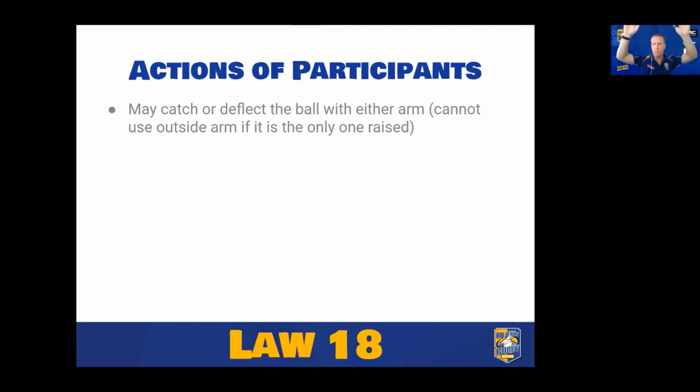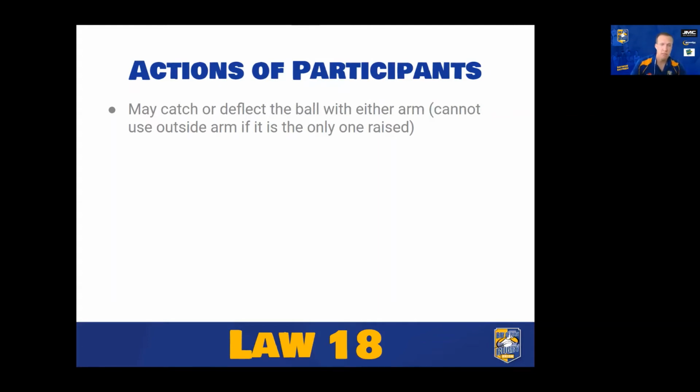So if they're raising both hands above the head, they can use the outside arm to deflect the ball. But if they're only raising one arm, then they cannot use their outside arm to deflect the ball. Again, sanctions for pretty much all of these are free kicks unless it involves some sort of contact.